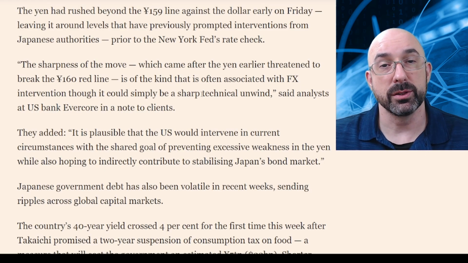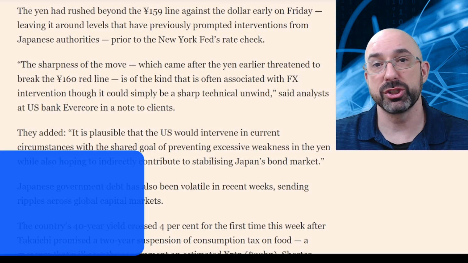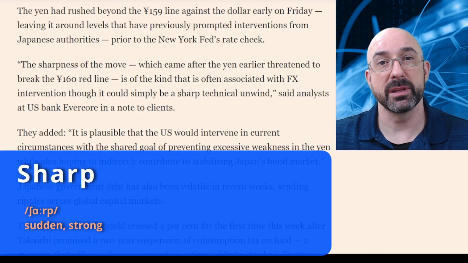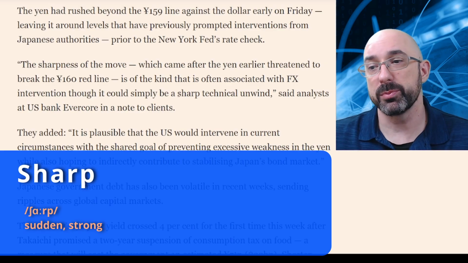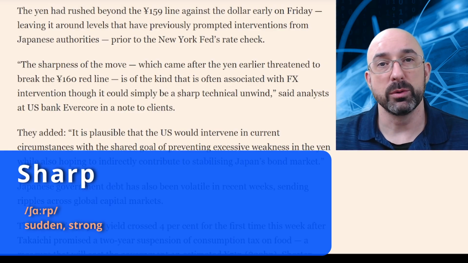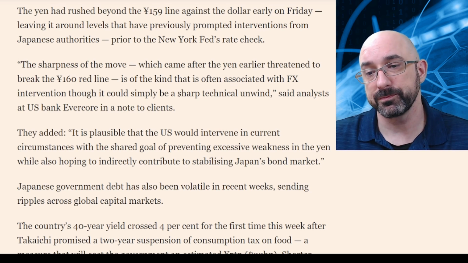So they wanted to take that information and unwind their position. And of course, sharp means something that suddenly happens very quickly. So a sharp technical unwind would be a very quick unwind of your positions because of some technical data that you received, not necessarily because of the intervention.